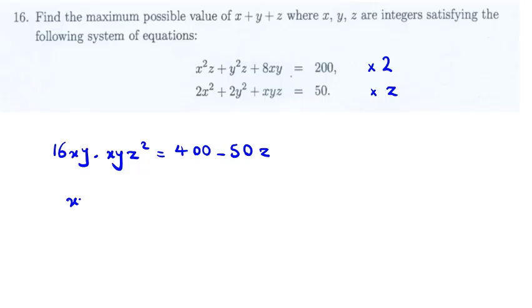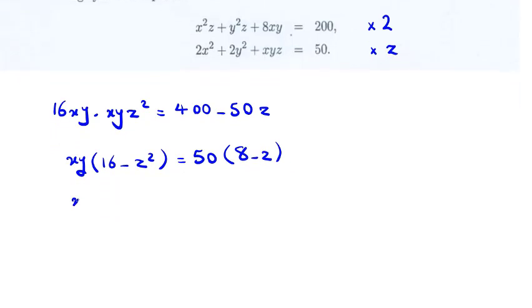Now, if we factor, it will be xy(16 minus z squared) equals 50(8 minus z). Now we can say, okay, xy(4 minus z)(4 plus z) equals 50 times (8 minus z).